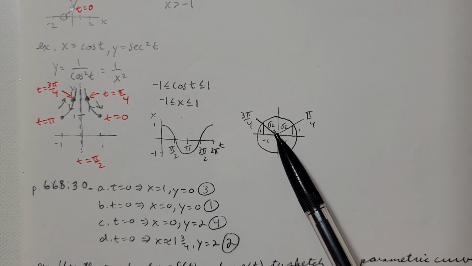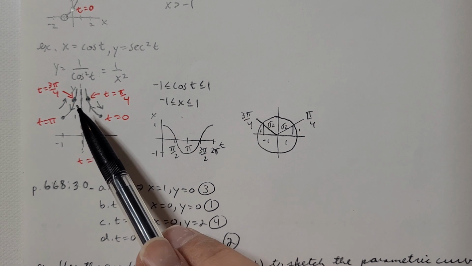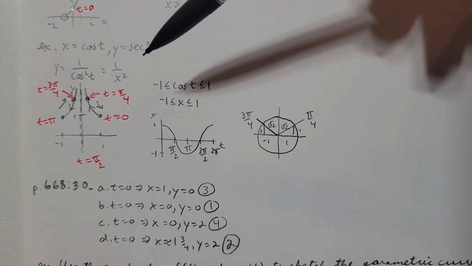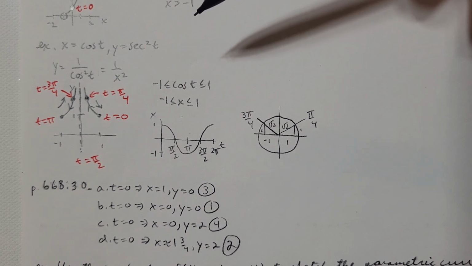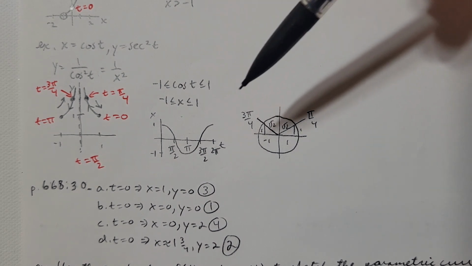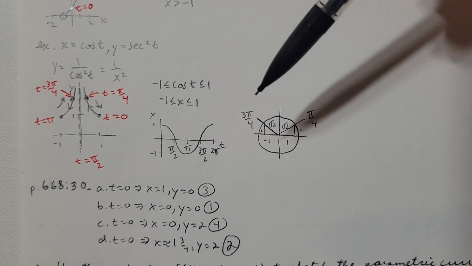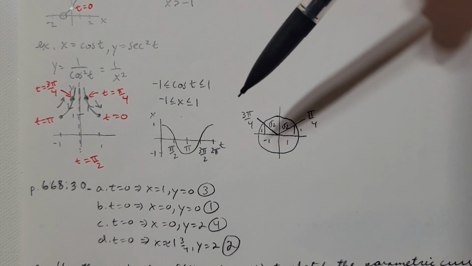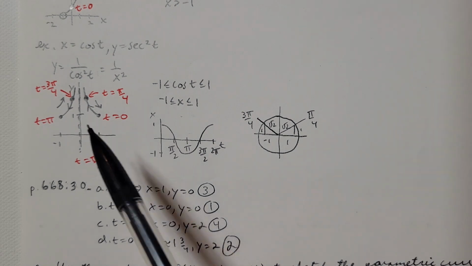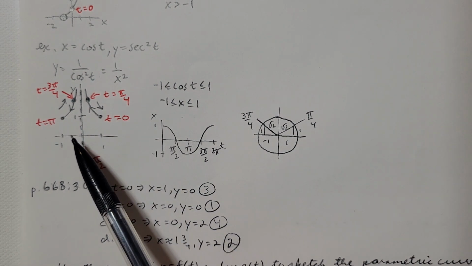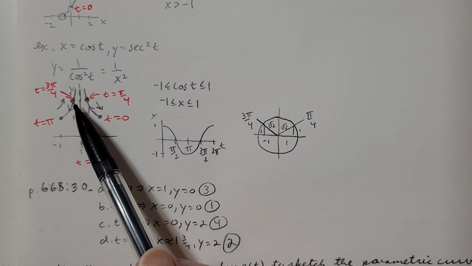That'd be -1 divided by root 2, or -0.707. And then y equals 1 divided by -1 over root 2 squared, which is 1/2. So 1 divided by 1/2, that's 2. So I'd be at -0.707, 2. I'd be at that spot there.